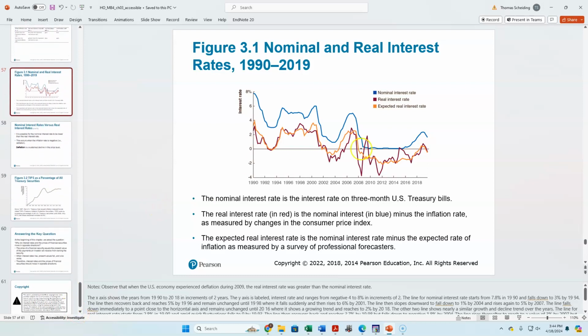And we can look at this data historically, that again, what we should see is that the nominal rate here should reflect the summation of the real rate and inflation, that the real interest rate, the red, should equal the difference between the nominal interest rate and the inflation rate.